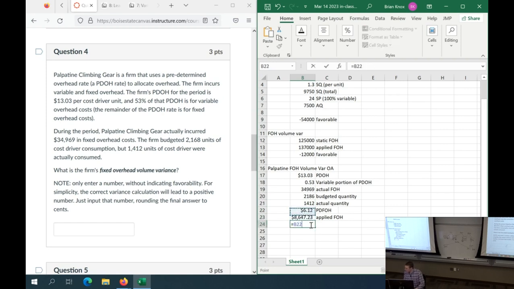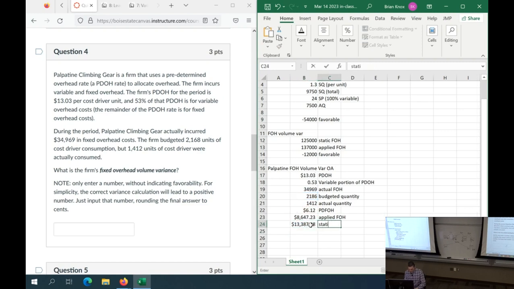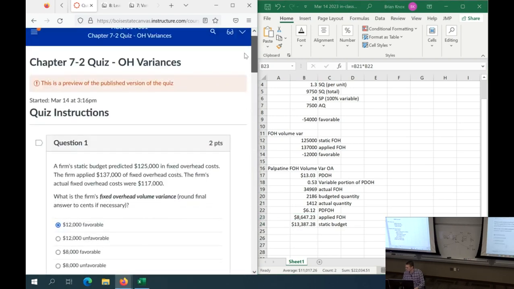Okay. When we budgeted, back in the static budget, we budgeted consuming 2,186 units of cost driver times that rate, which gives us 13,387.28. We have the two boxes that were the same in the above problem. Remember, we figured out the boxes up here.